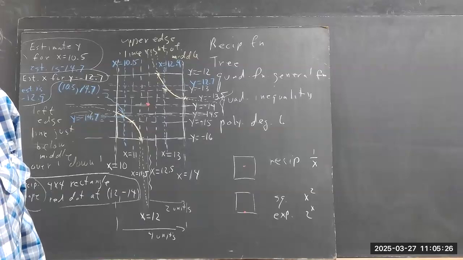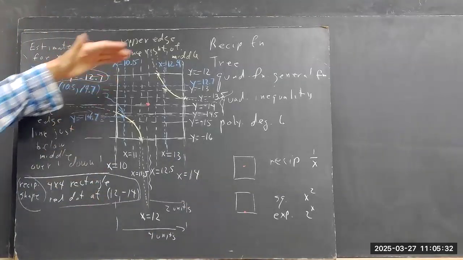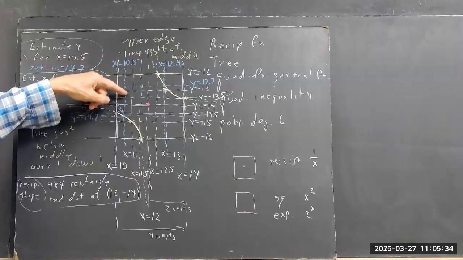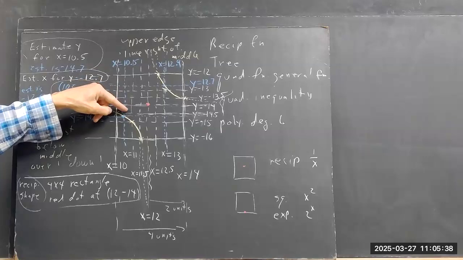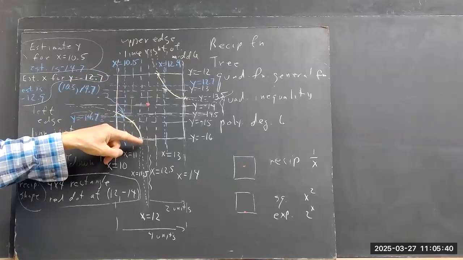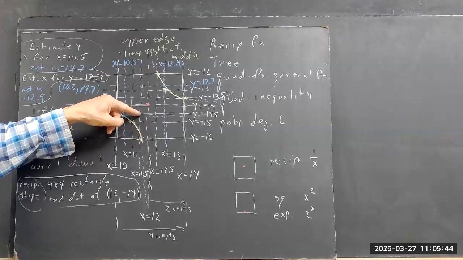Although everybody needs to be very sure they know how to construct the lines for each of these functions. For this particular function, here they are. Halfway from the top edge to the middle, and then halfway from there to the middle. Halfway from the lower edge to the middle, and halfway from there to the middle.